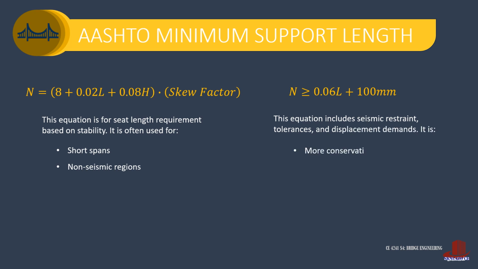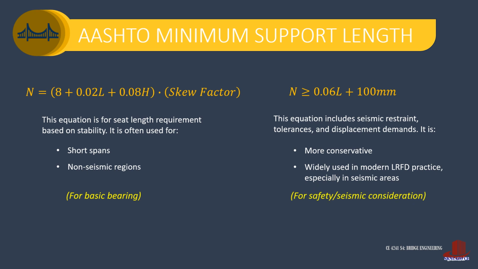This is a more conservative approach and is more used in modern LRFD practice, especially in seismic areas. To make the comparison short, the first equation is for basic bearing. The latter equation is for safety and seismic response. In the computation of bridge length, always use the larger value.